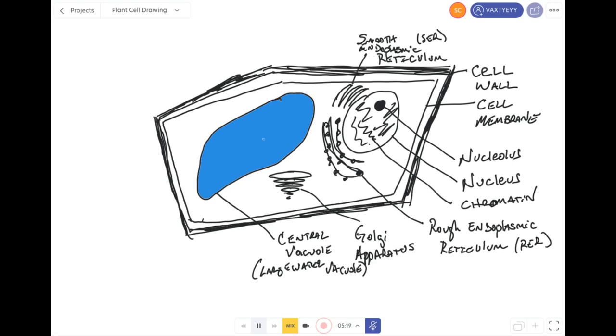Now, probably one of the most important structures of a plant cell is going to be its chloroplast. And yes, I changed colors here. Chloroplasts are what do photosynthesis for the plant.